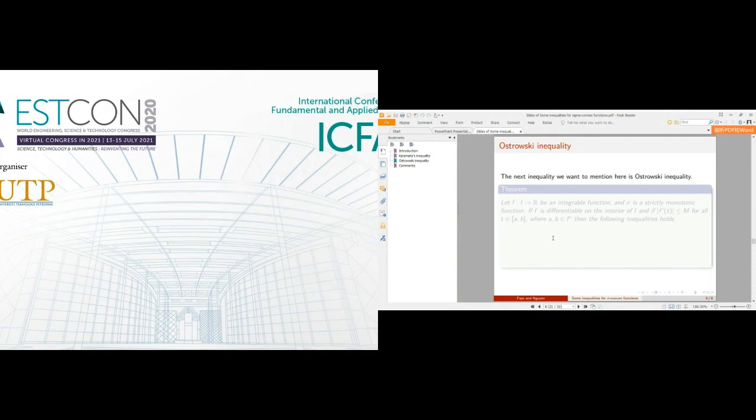The third part of my talk is the Ostrowski inequality. This theorem says: let f from I to R be an integrable function and sigma a strictly monotonic function. If f is differentiable on the interior of I and the absolute value of f' at t is smaller than or equal to M for any t between a and b, then the following inequality holds.